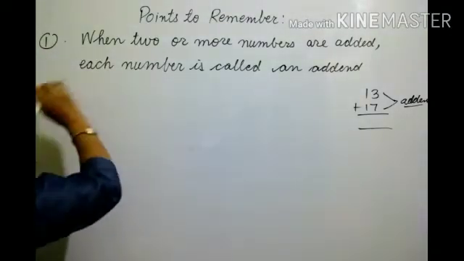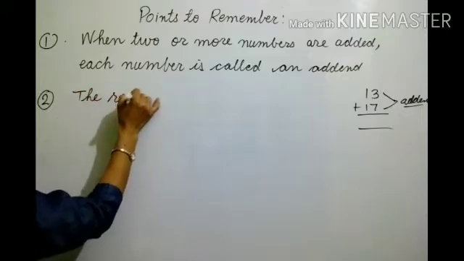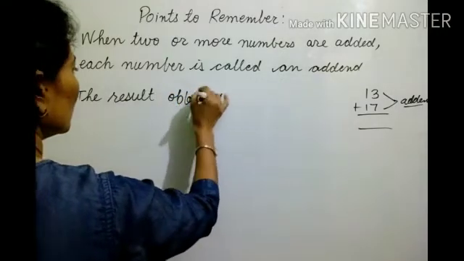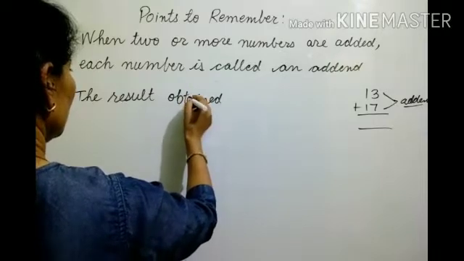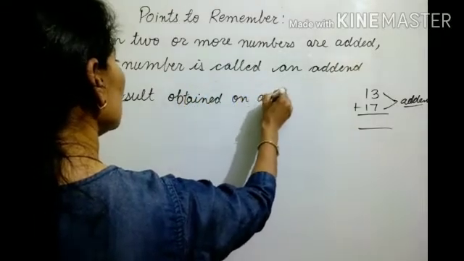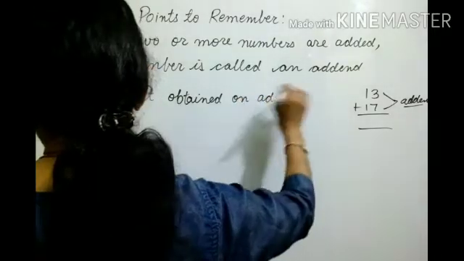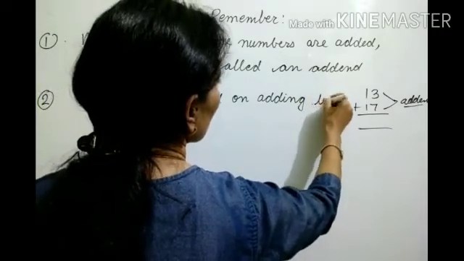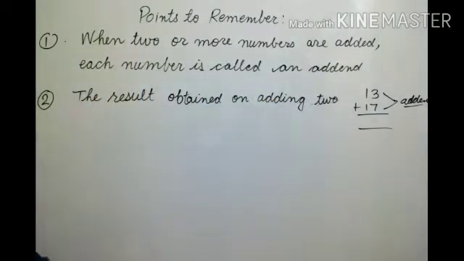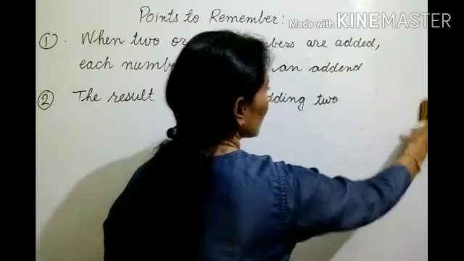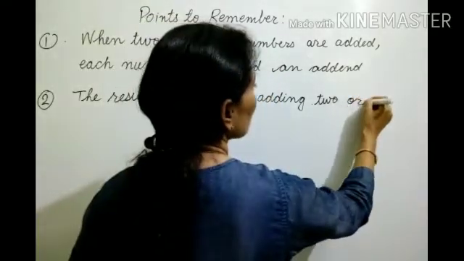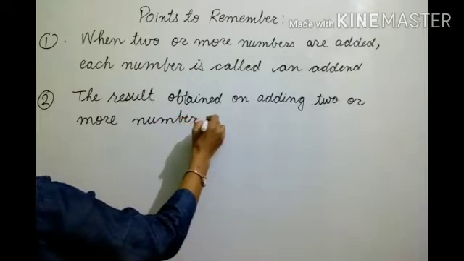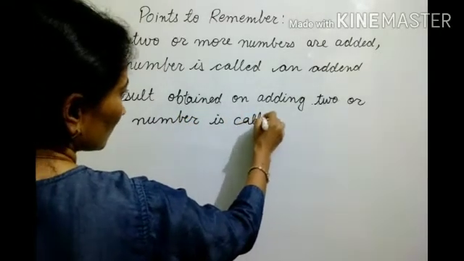Second point which you will remember, the result obtained on adding two or more numbers is called their sum.